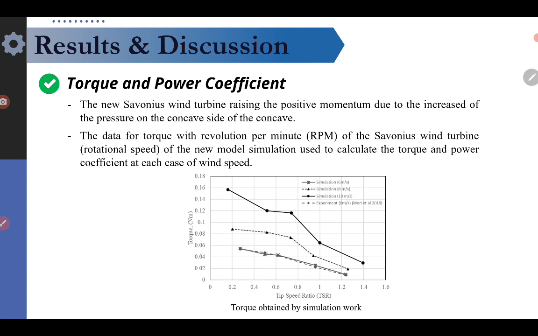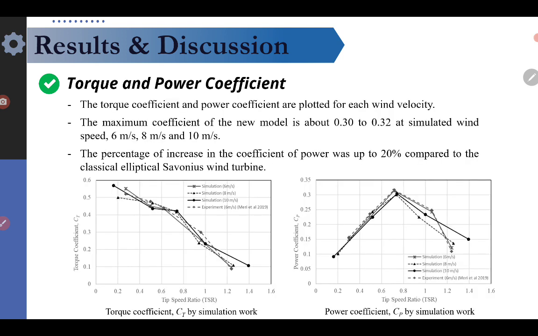As the result, as we can see from the figure, these are the results for torque and power coefficient. The data for torque with revolutions per minute, RPM, of the Savonius wind turbine, and the numerical simulation is used to calculate torque and power coefficient for each case of the wind turbine. As we can see, the tip speed ratio increases with the decrease of torque of the wind turbine.